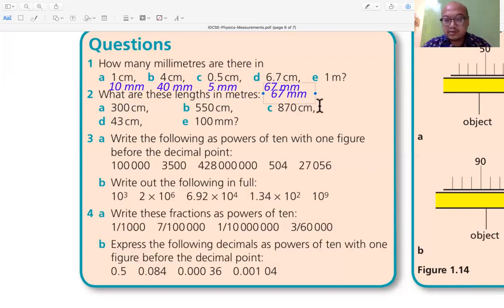And now, what about 1 meter in millimeter? 1 meter equals to 100 centimeter, and then 1 centimeter equals to 10 millimeter. So 1 meter equals to 100 times 10, equals to 1000 millimeter. Yeah, that's it.